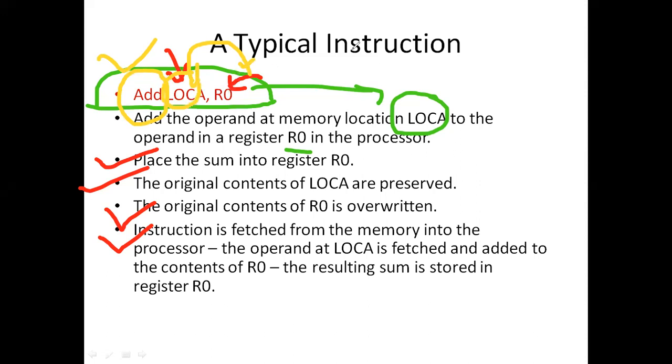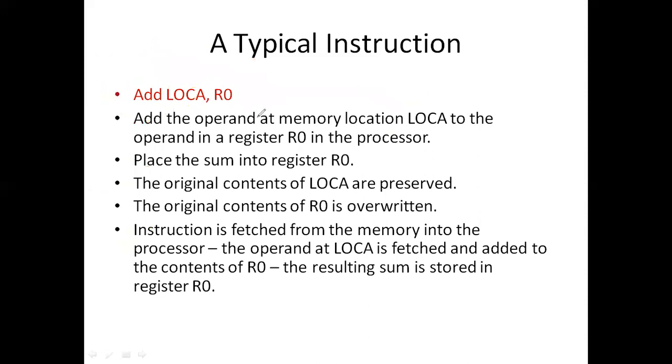But is the original content in R0 still the same? No, sir. It's overwritten, because we added the content of LOCA and the earlier content of R0, and placed the result back in R0. So the original content of R0 is being overwritten. This is a simple type of instruction. It is not that every instruction will take this form. You will study later what the different types of instruction are, but this is a typical one.